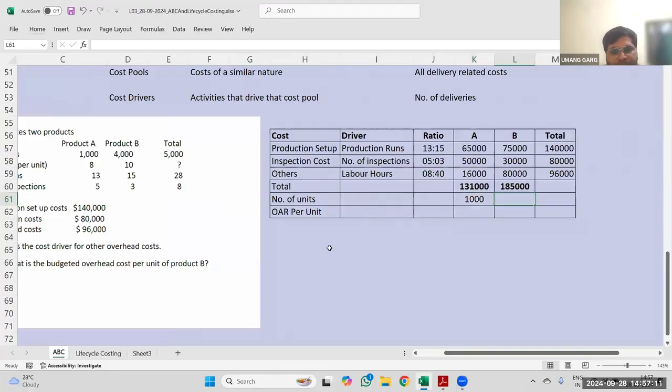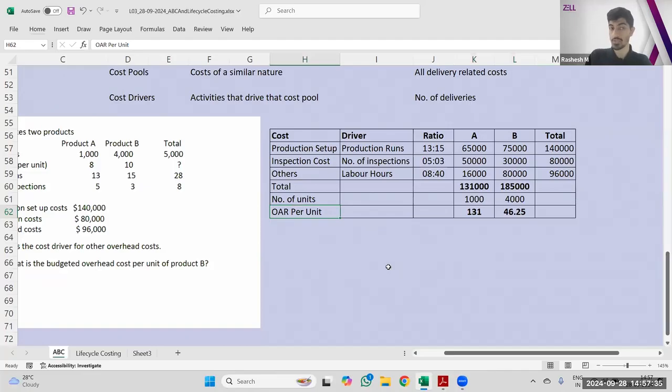How many units of B? 4,000. So divide your cost and you have your answer. My cost per unit of B is 46.25. Cost per unit of A is 131. That is more accurate and only possible because of activity based costing.